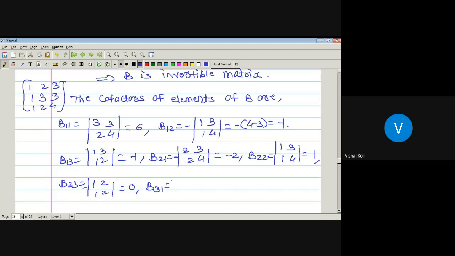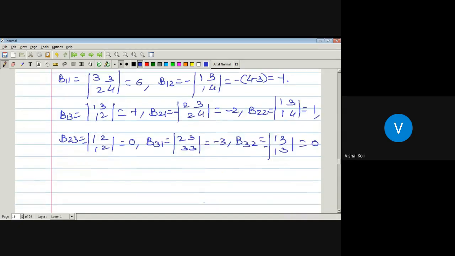B31 is equal to minus 1 to the power 3 plus 1, which is 4. So it becomes the minor 2, 3, 3, 3, 3 into 2, 6, minus of 3 into 3, 9. 6 minus 9, which is minus of 3. B32 is equal to, again it is minus, since minus 1 to the power 5, into the minor 1, 3, 1, 3, which is 3 minus 3, 0.